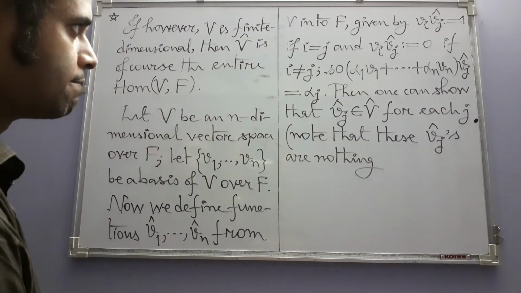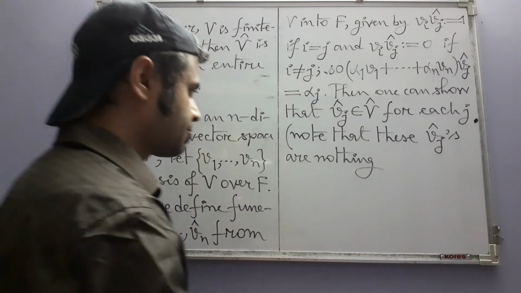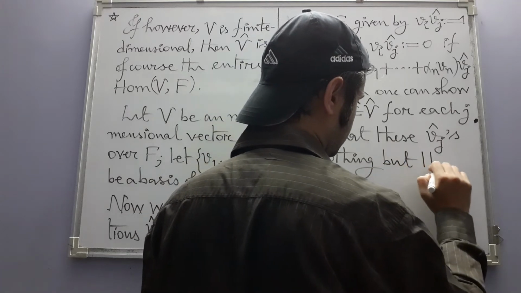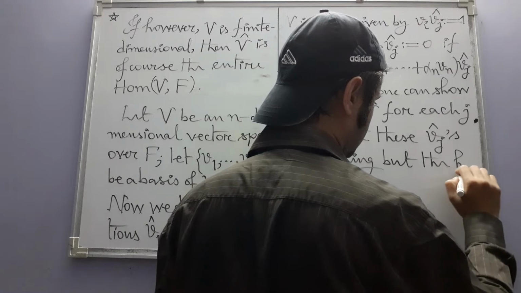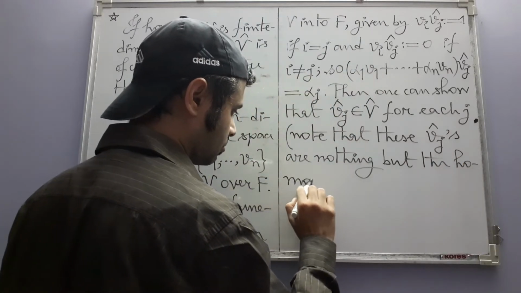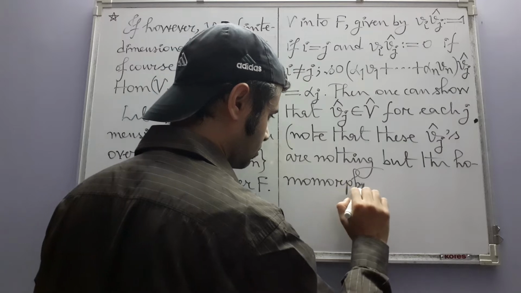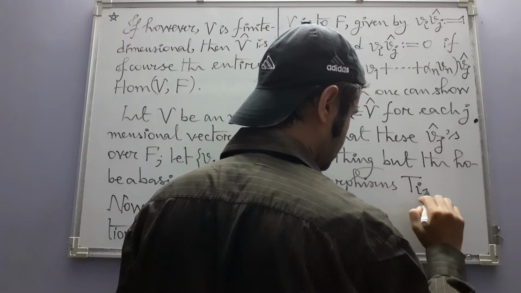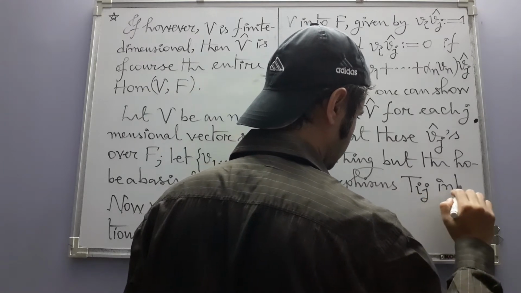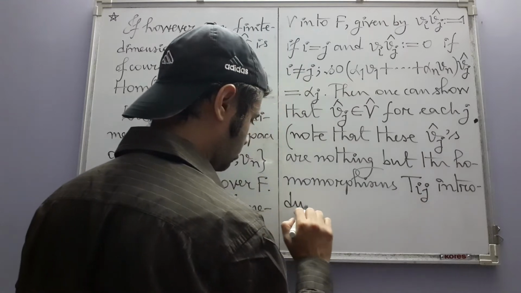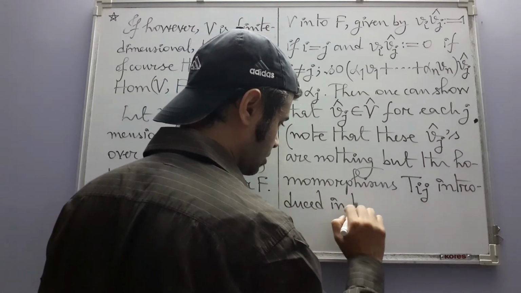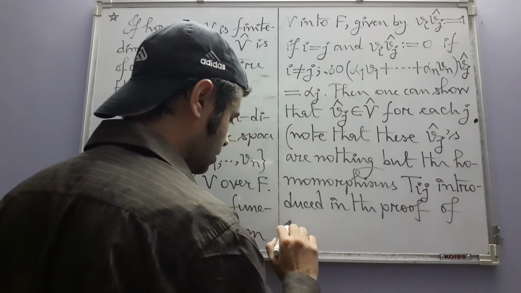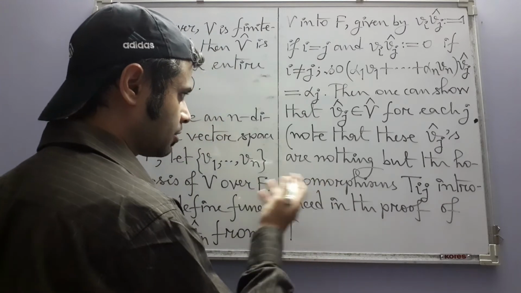nothing but the homomorphisms Tij introduced in the proof of our theorem where we calculated the dimension of the home space.